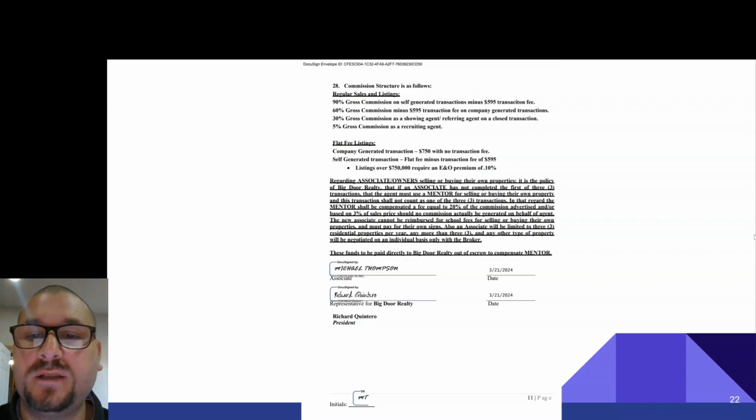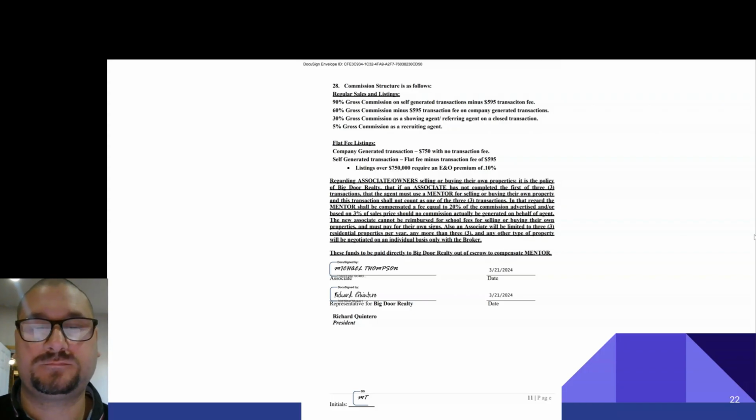Any more than 3 and any other type of property will be negotiated on an individual basis with the broker. These funds to be paid directly to Big Door Realty out of escrow to compensate mentor. So, if you want to sell your own property and you haven't done the 3 yet, will this count?